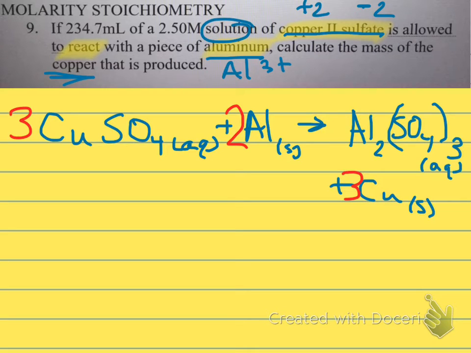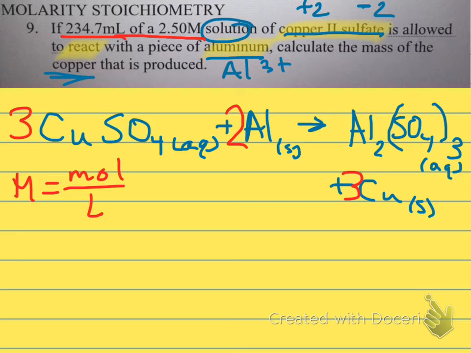So we are told that we have 234.7 milliliters of a 2.50 molar solution of copper(II) sulfate. So we're going to start just by writing out what we have. So molarity equals moles over liters.